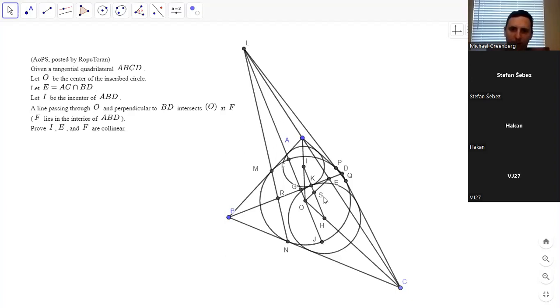And we want to show that's like FI over FE, or FG over IK.